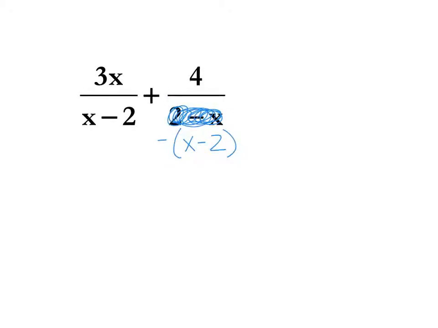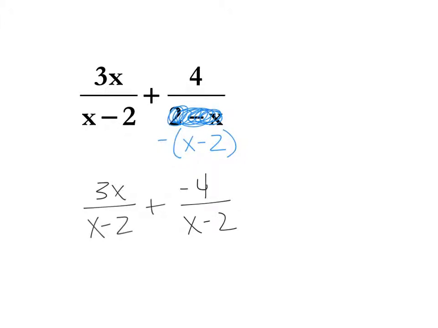And then this negative sign, I'm going to bring up to the top, on the 4, so that my denominators are the same. I haven't done anything to the fraction, but I'm bringing that negative sign up on the 4 so that my denominators are the same.